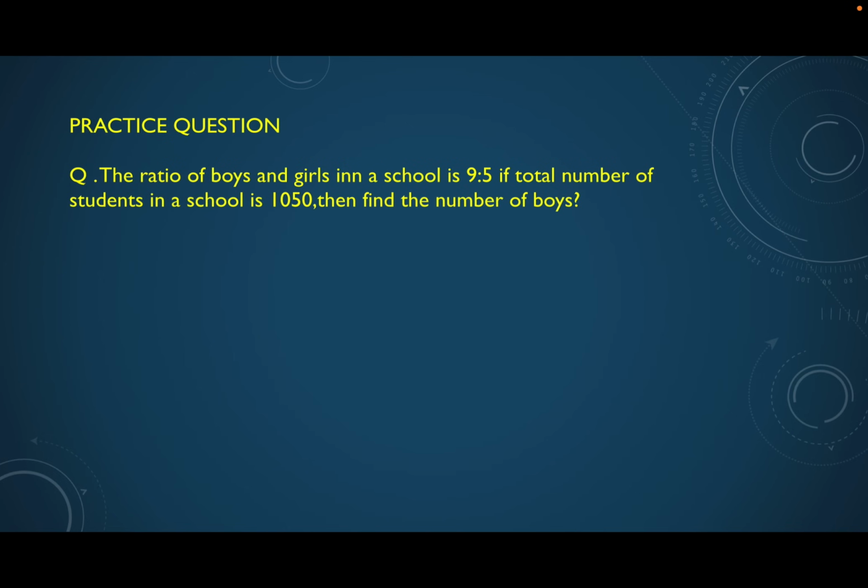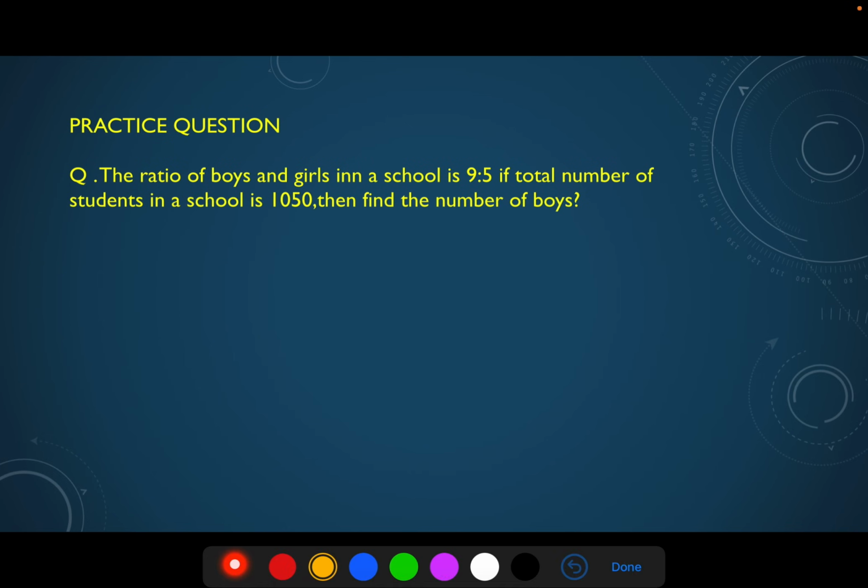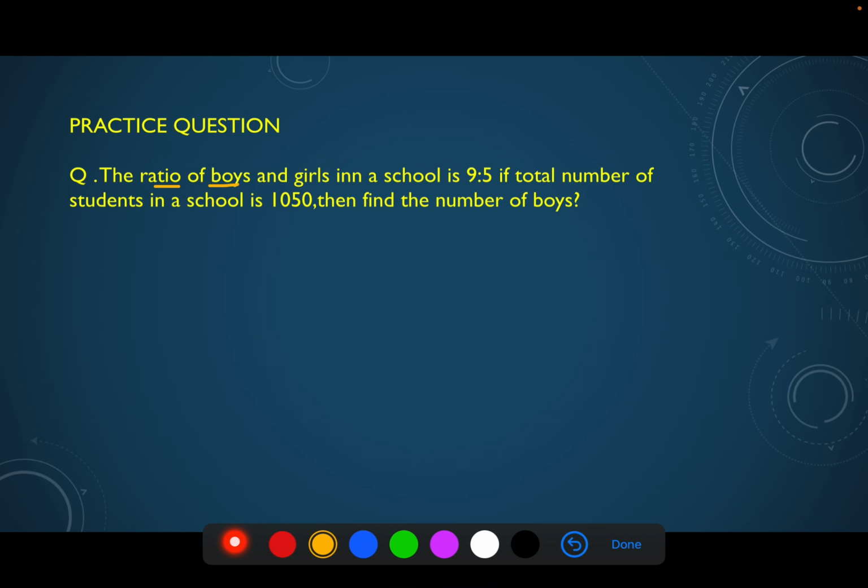Let us solve this question. The ratio of boys and girls in a school is 9:5. If total number of students in a school is 1050, then find the number of boys. What he has given: 9:5.